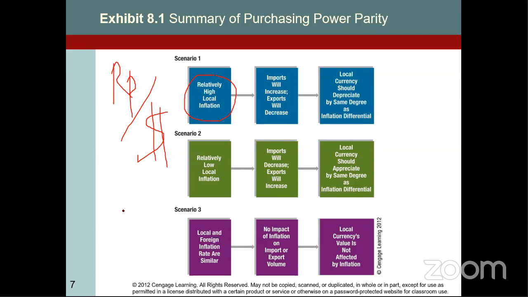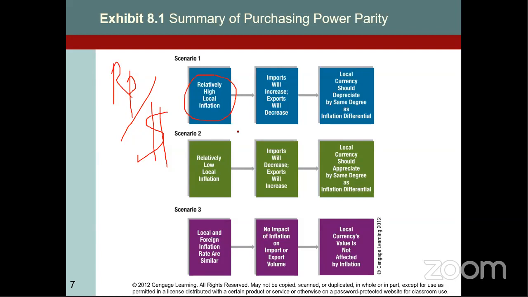So if you now have 16,000 per US dollar, it means that the value of 1 unit of dollars in Indonesia is 16,000. That's direct quotation. If you have a relatively high local inflation, like us, we have a higher local inflation. So what happens is we have a decreasing rate, or depreciation of the rupiah, and appreciation of the US dollar. That's what the triple P says.